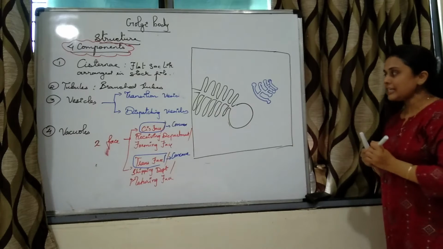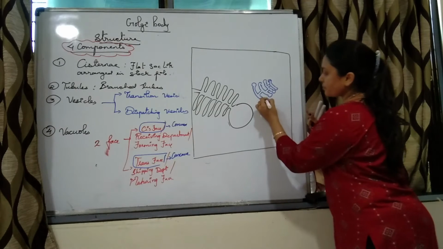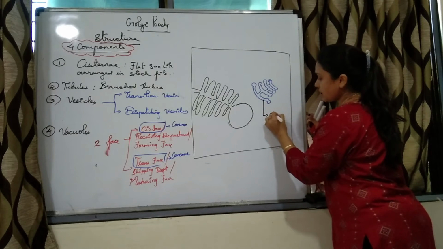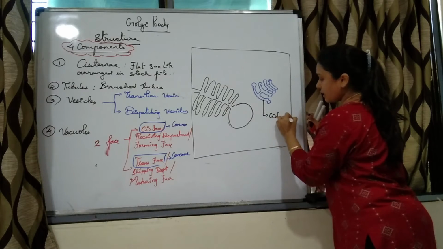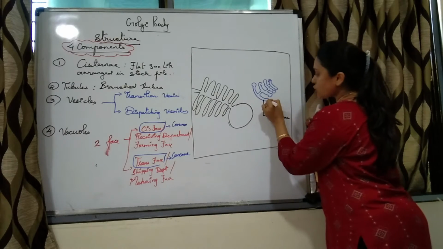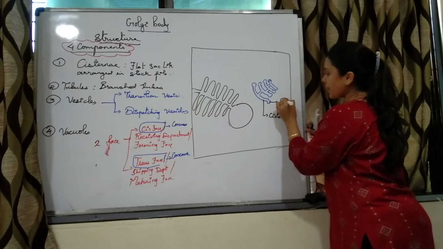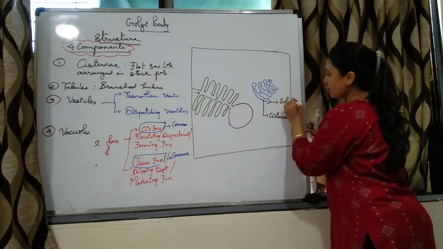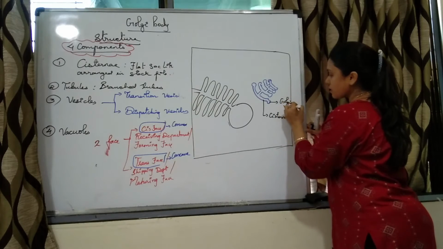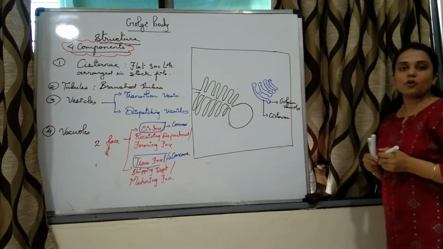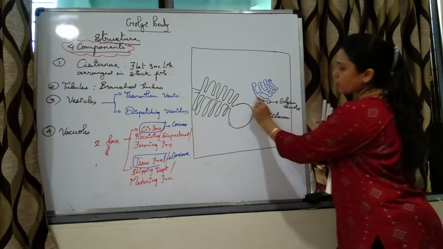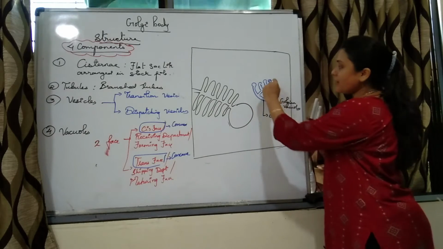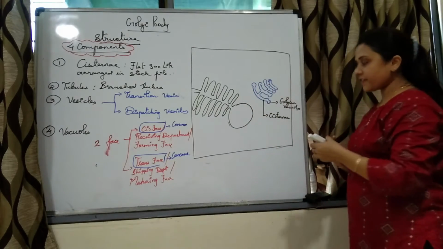Right? So these are the cisternas. So this structure is cisternae. Right? These swollen ends are called as Golgian vacuoles. Right? Swollen ends are called as Golgian vacuoles. So you can see this is the convex side and this is the concave side.